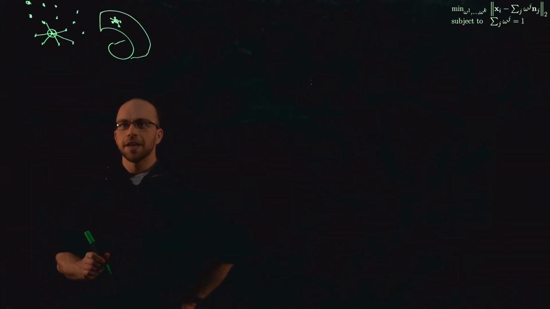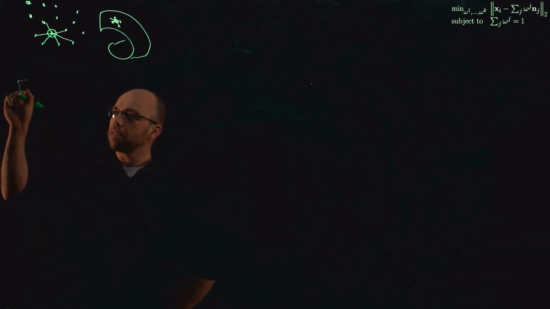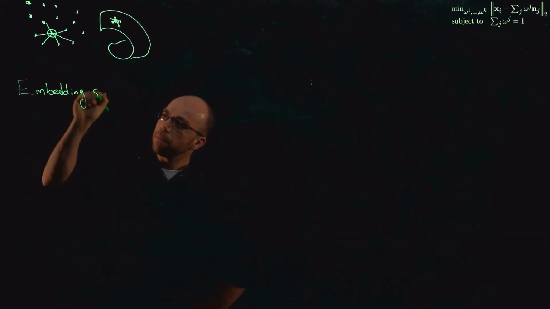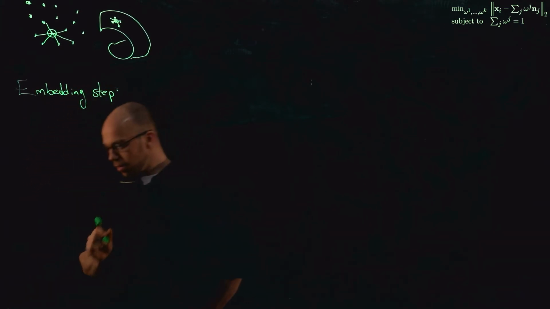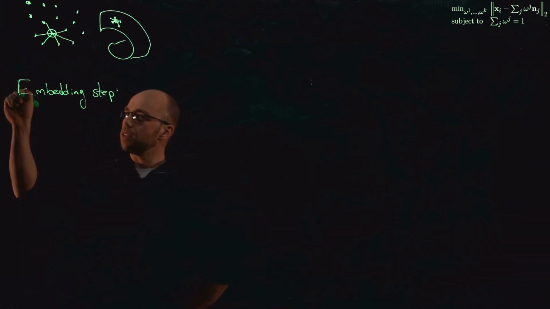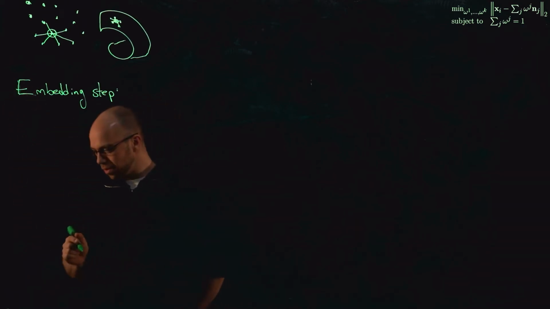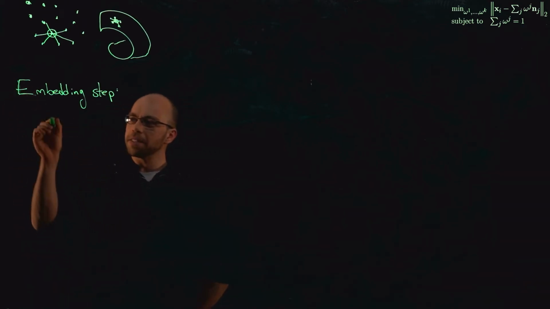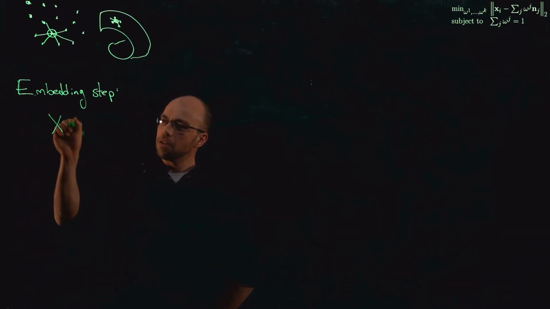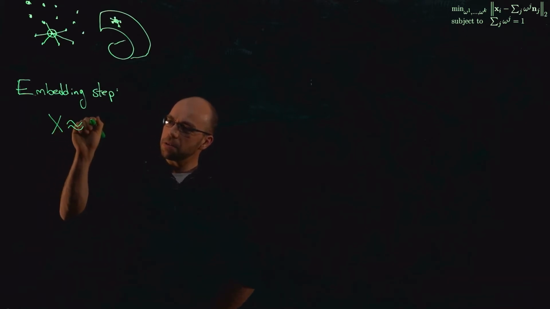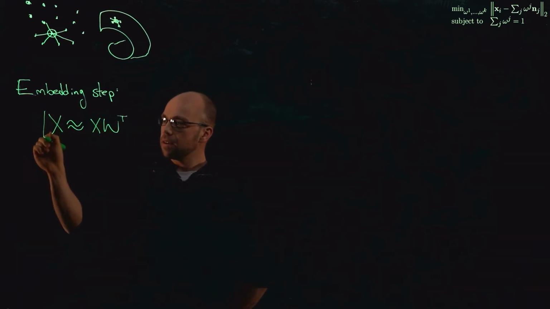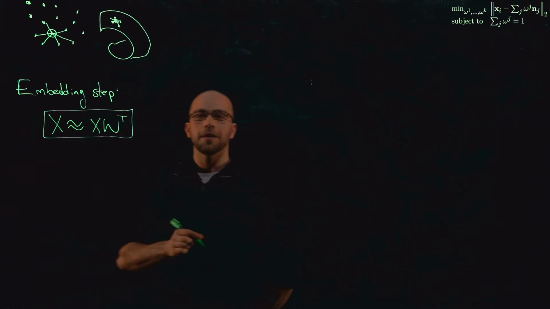Okay, so our next task is to derive the embedding step of the LLE algorithm. And now the basic point here, we just derived this matrix W when we were doing the analysis step. And W has a particular property. So if I take all of my data points and I write them as the column of a matrix X, then essentially the whole point of the design of W is that I can write x equals x times W transpose, at least approximately.